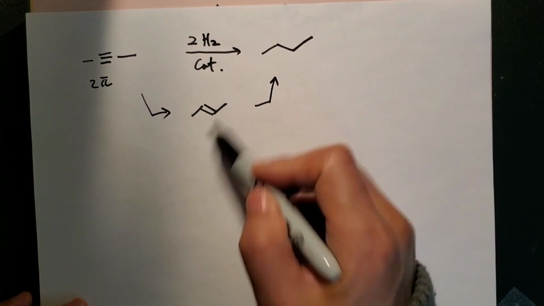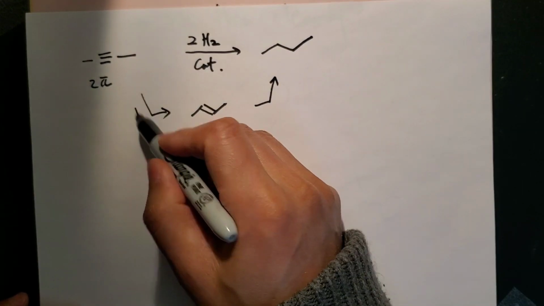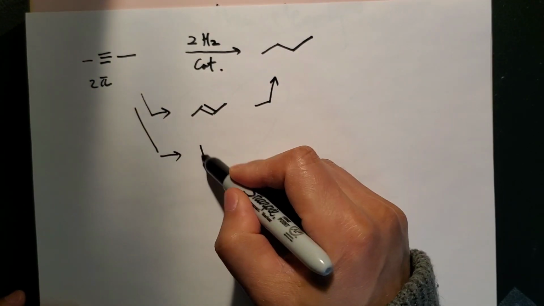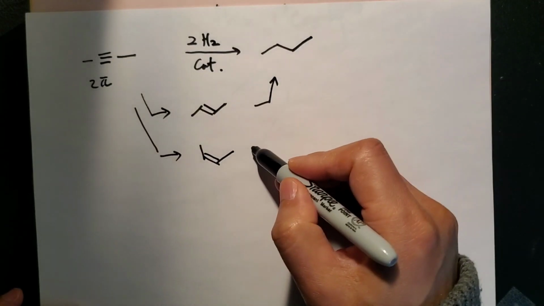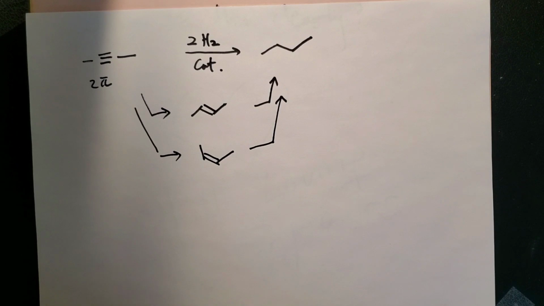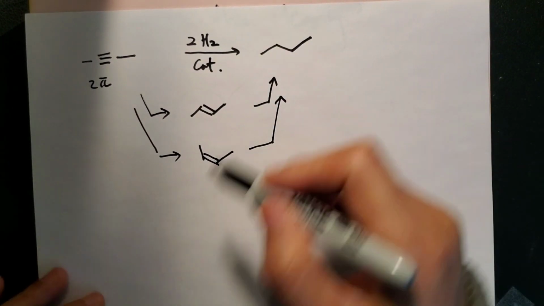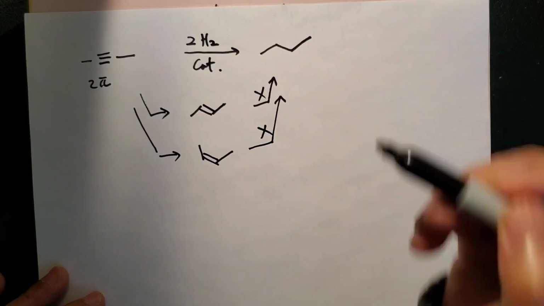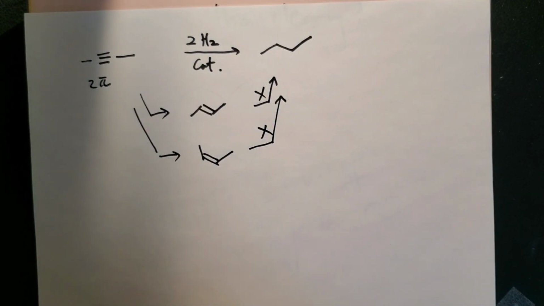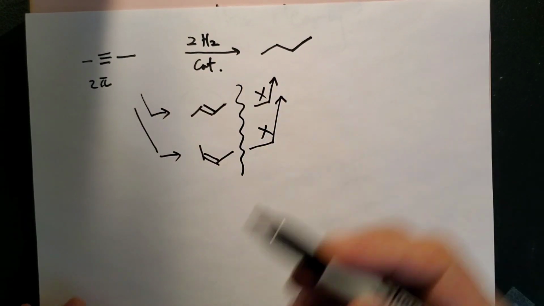Since we saw this stable trans form of alkene, somebody may wonder, then can we make less stable double bond but form this cis alkene as a final product without going to the alkane? So stop the reaction right here. That's what we want.